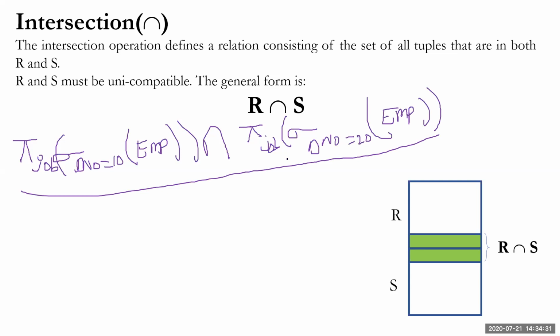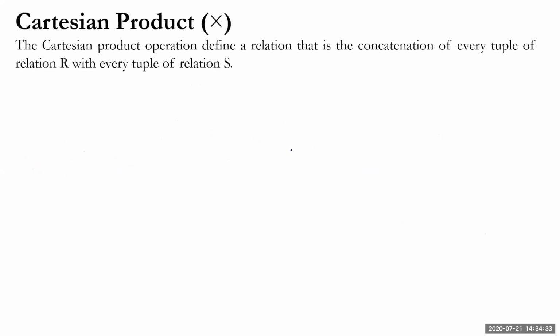And Cartesian product. Finally, the Cartesian product. We have already come across this one. We studied the Cartesian product in the implementation of principal amount, rate, and interest, where we applied some kind of Cartesian product. And what exactly is the Cartesian product?